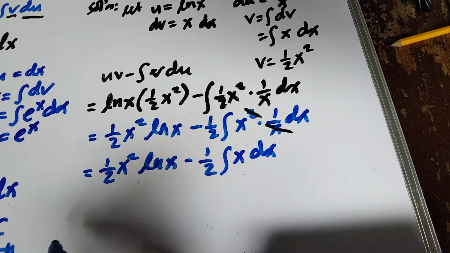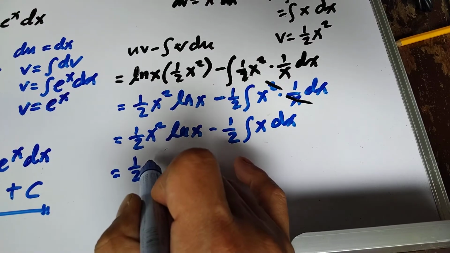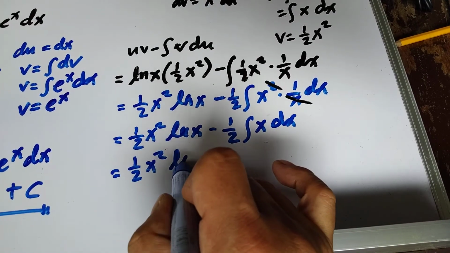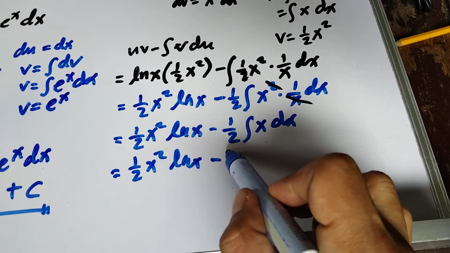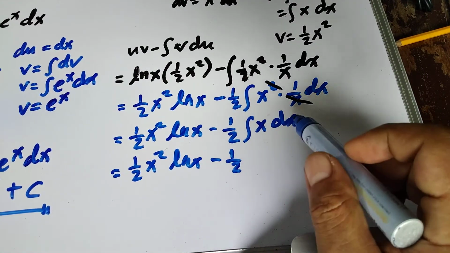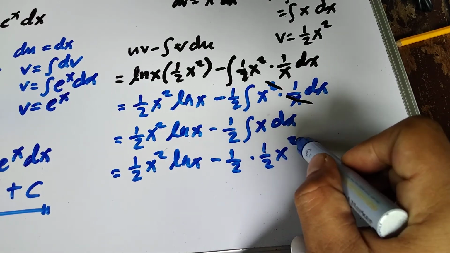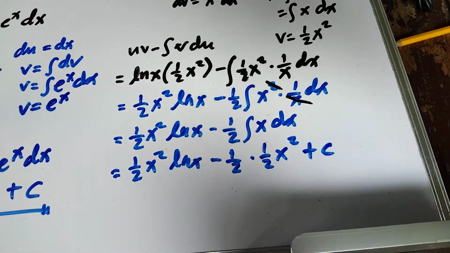Okay? So, let's continue. We have 1/2 x squared ln of x minus 1/2. What is the integral of x again? That is 1/2 x squared plus c. Am I correct?